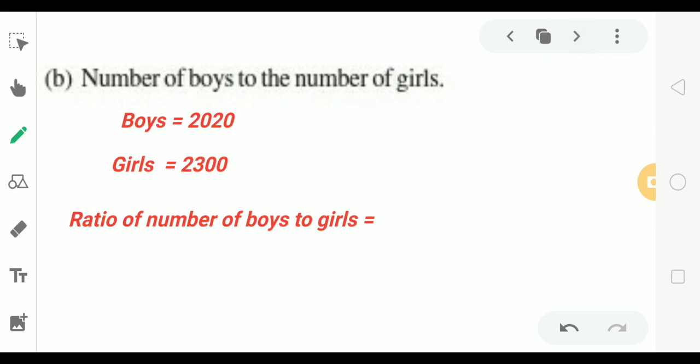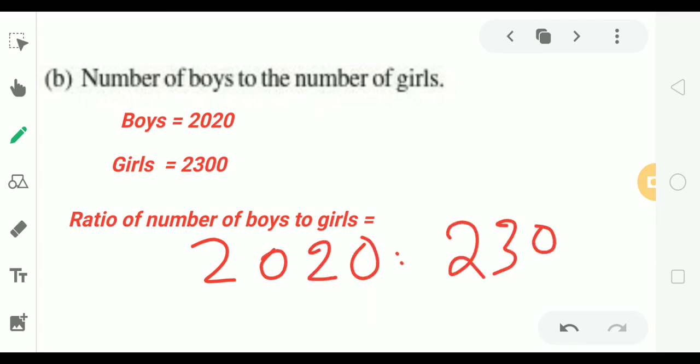Now let us find the ratio of boys to girls. So 2020 is to 2300. Common zeros at last we can cut.